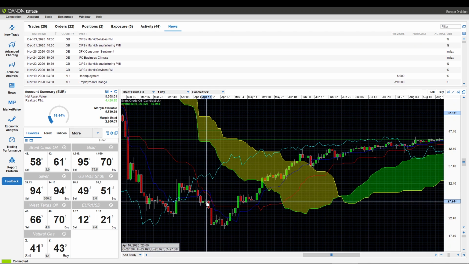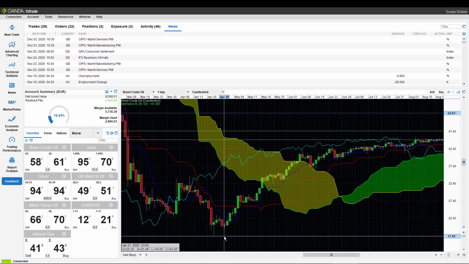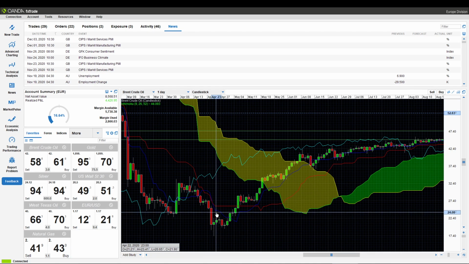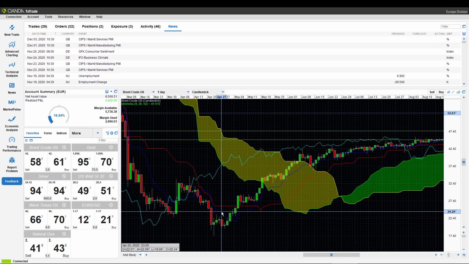So here, as you can see, the price went down, and here the price did a daily low. After this candle, there was another bullish candle, which represents 1 day, another bullish candle, and then there was a third bearish candle.